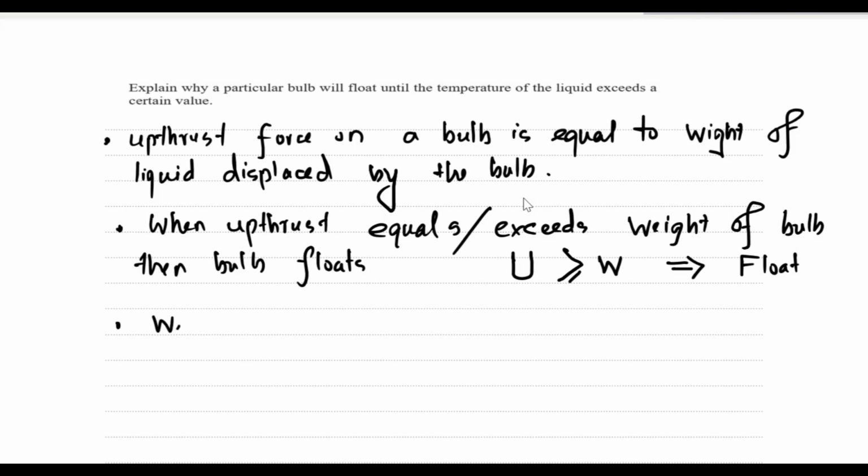Weight of the bulb is constant. Why constant? Because weight of the bulb is the amount of pulling attraction force by our planet Earth towards its center. So weight of the bulb is constant.